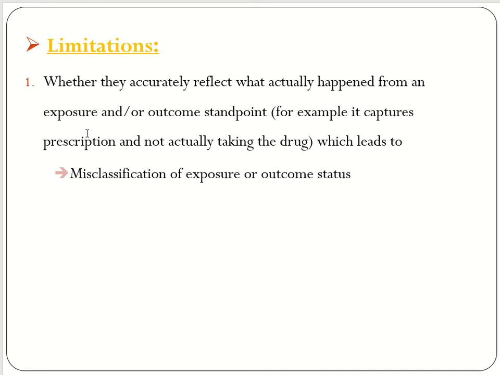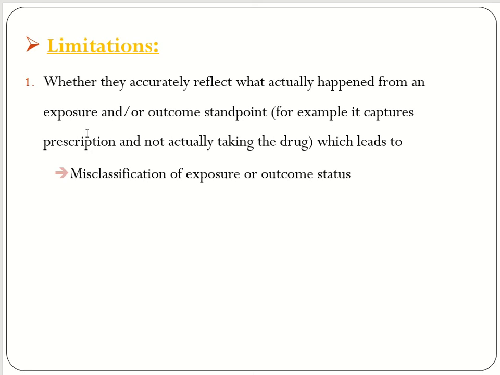And misclassification is an interesting concept that we're going to visit again and again. This is where somebody who is exposed is labeled as non-exposed and vice versa. So this is called misclassification at exposure level, or somebody who has the outcome is misclassified as not having the outcome, and vice versa, which is a misclassification at the level of the outcome.